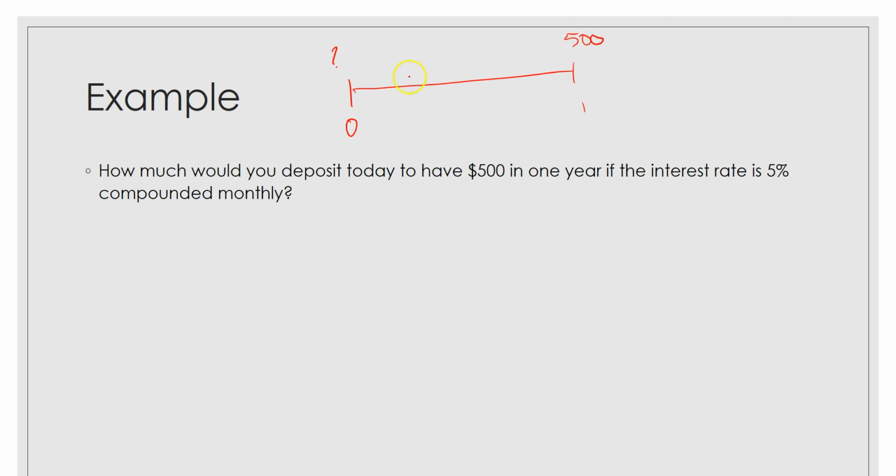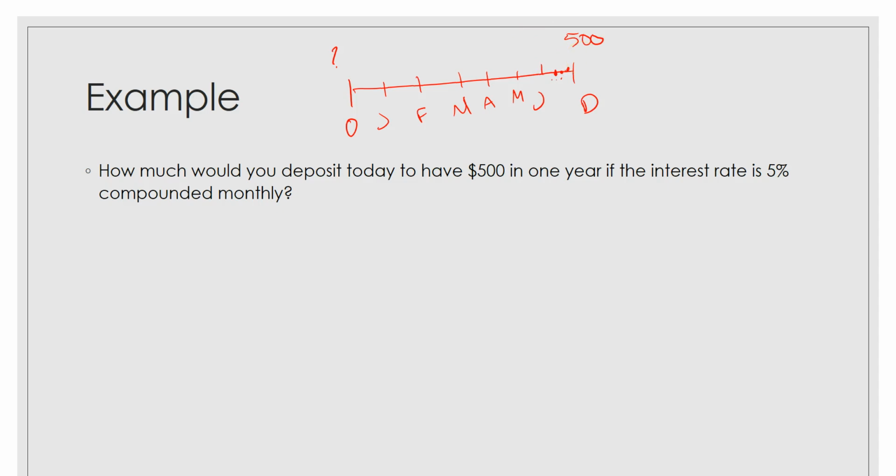But interest is being compounded monthly, so we'd have January, February, March, April, May, June, all the way to December. So we are going to be receiving monthly interest payments on our deposit. So dot, dot, dot there, all the way to December.